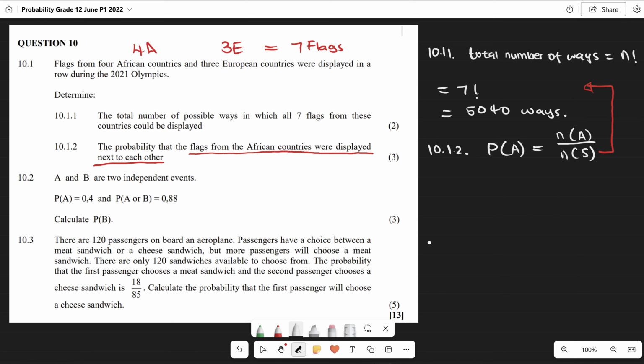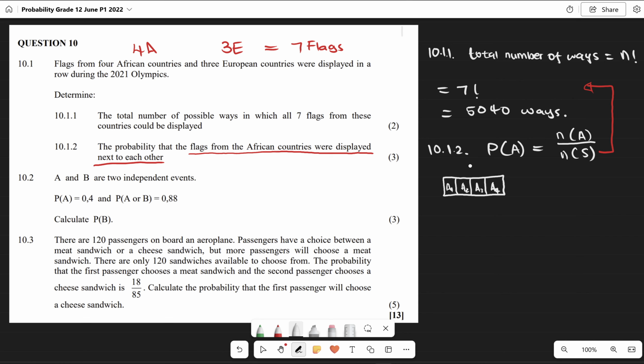What we are going to do is treat the 4 flags from African countries as one thing. Let's say this is A1, A2, A3, and A4. These are just representing flags.